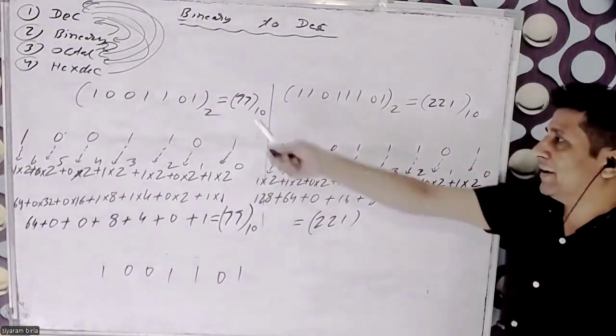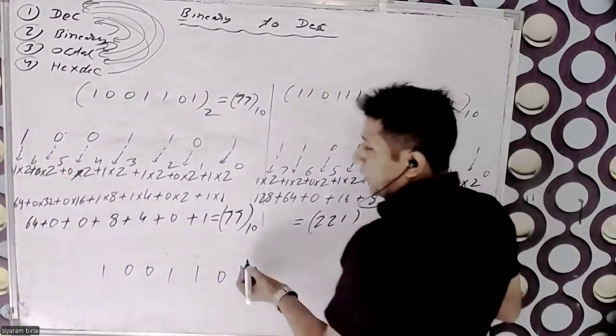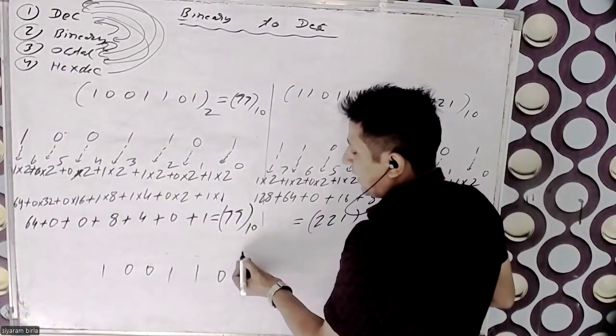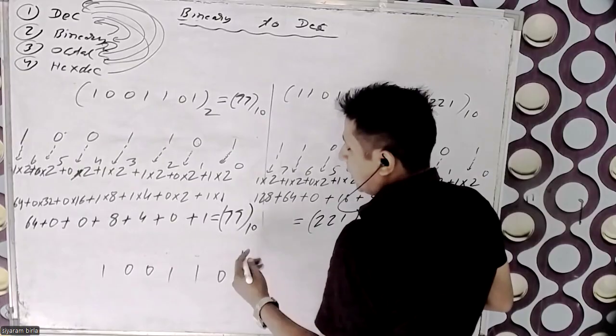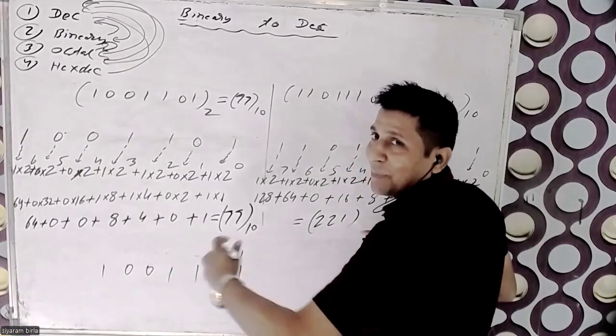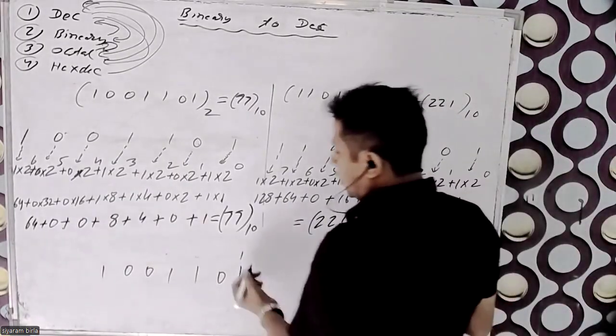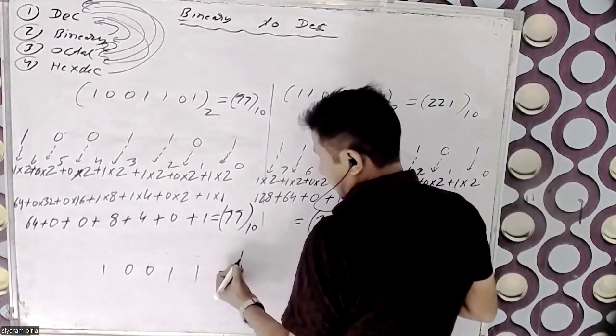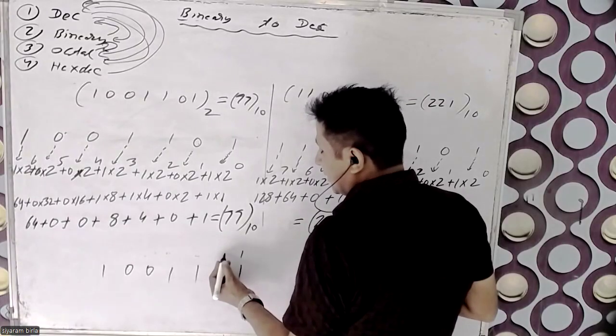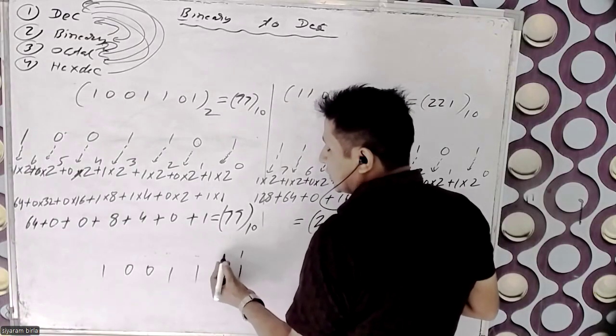So you want to convert into decimal, so you write the powers in increasing order, like double, double, double, double. You want to become the double value, so you can write down the 2. 1 doubled is 2.